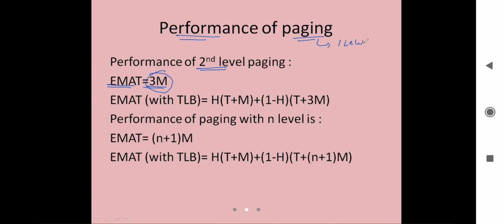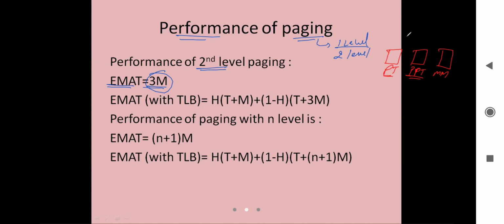If it is 2 level, firstly there will be a page table, and there will be another page table. This is the page table, and this is the page of page table.